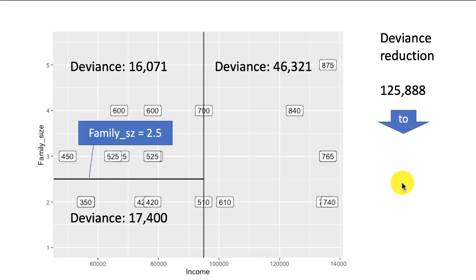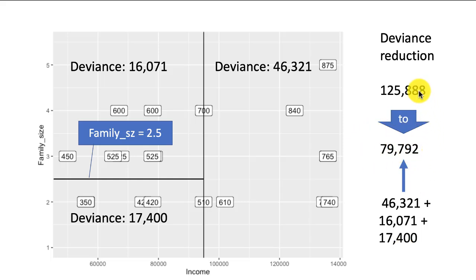Now the resulting deviance is the sum of all these three, which is 46,321 plus 16,007 plus 17,400, and that is 79,792. So again, we got a deviance reduction from 125,888 to 79,792. And once again, among all the possible splits on this right-hand side and on the left-hand side, this is the one that yields the best deviance reduction, maximum heterogeneity.